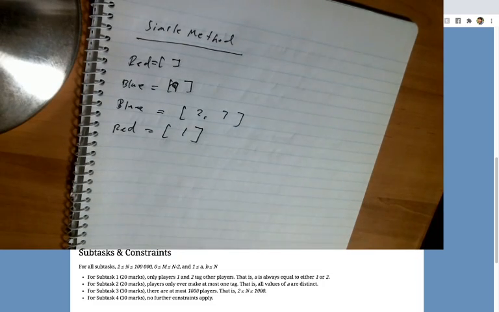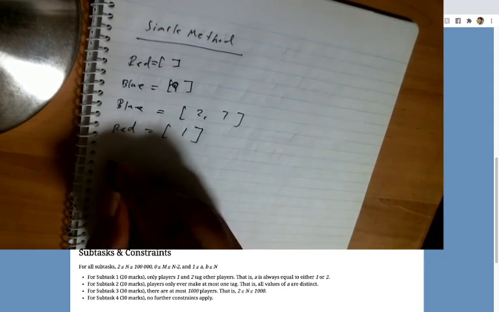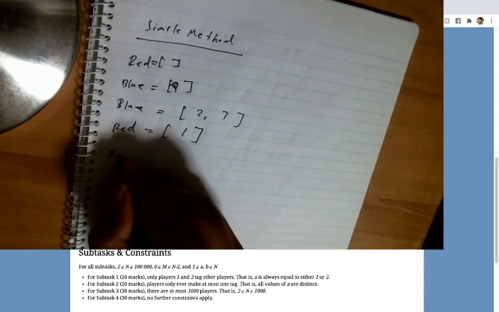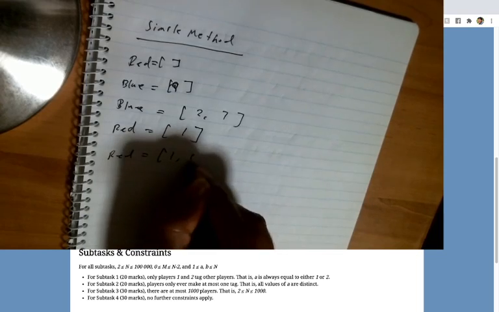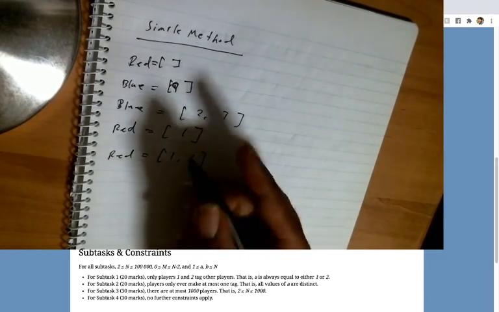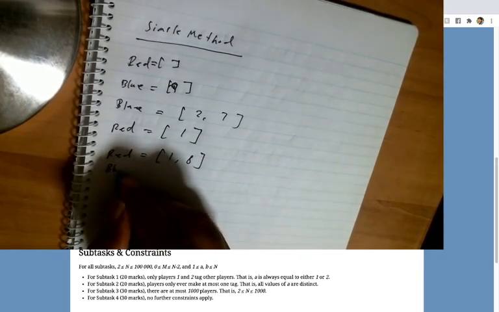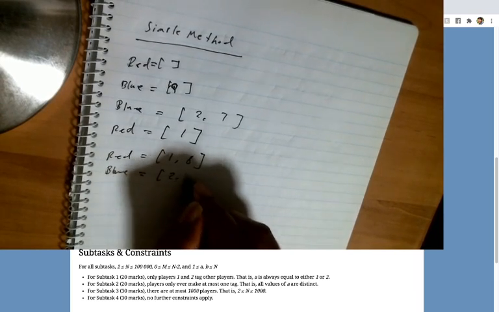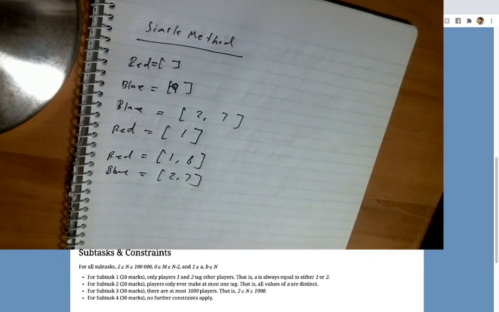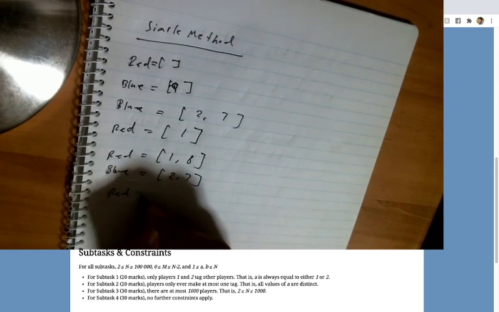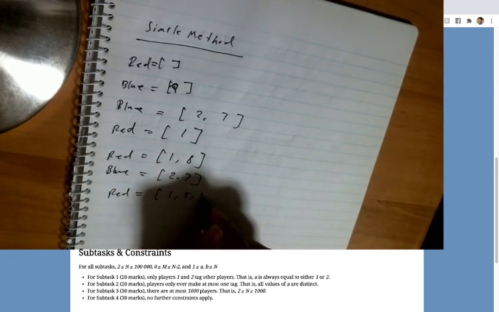Then in the next line, player 1 tags player 8, so the red is 1, 8. We'll just append everything to the end of the list, and the blue is still 2, 7. Okay, what about the next line? 8 tags 4. Alright, so the red is now 1, 8, 4.